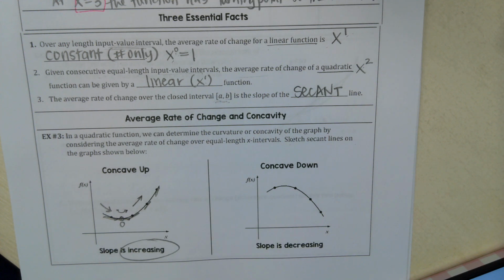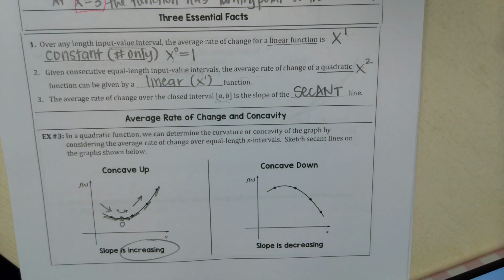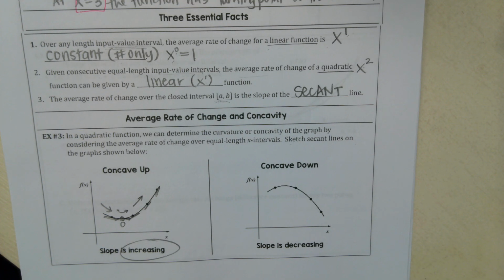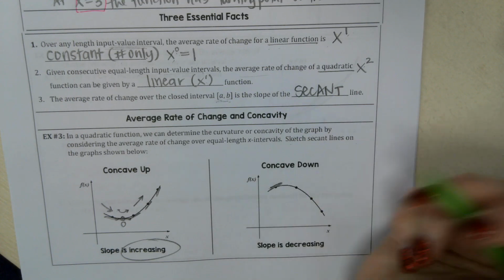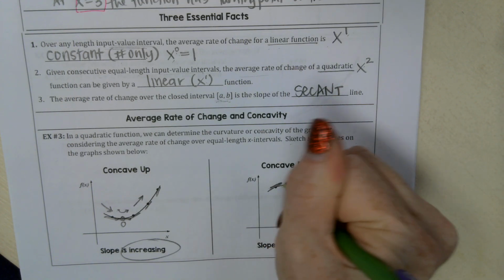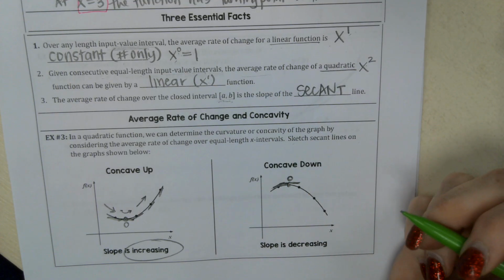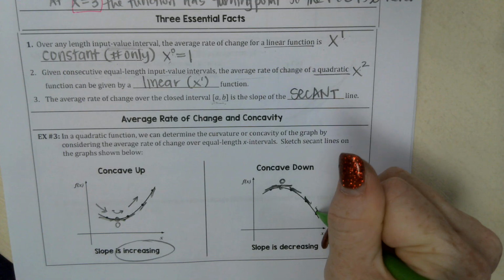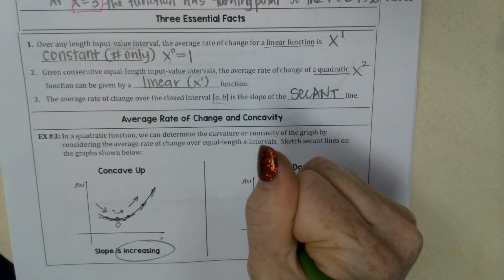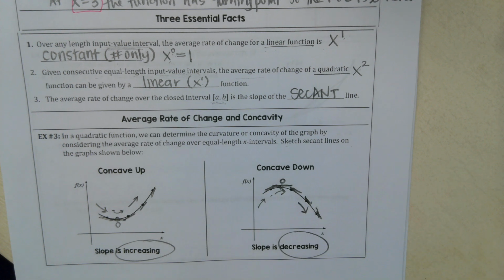So for any concave up function, the further I go to the right, it is increasing. For a concave down function, right here, it's increasing. Then I get right here to the maximum, and the rate of change is 0. And then it changes direction. It's going up, but then it turns, and then overall that slope is decreasing.